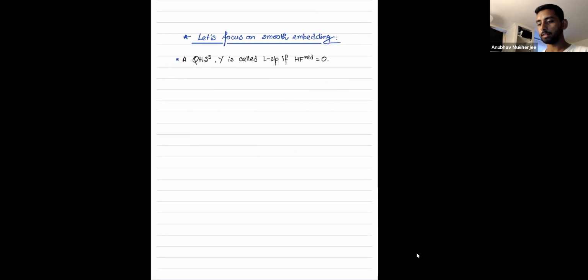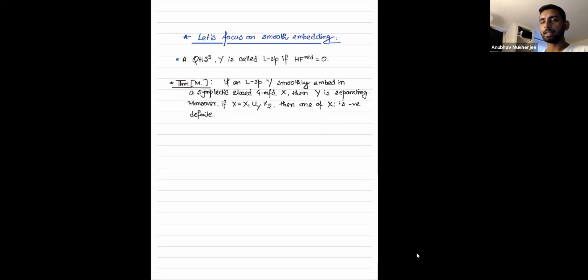Quickly recall that a rational homology sphere is called an L-space if the reduced Heegaard Floer homology is 0. That means the Heegaard Floer homology is just a tower. You can keep the example of S3 in mind. Here is an interesting result, which shows how smooth embedding behaves with the topology of the symplectic 4-manifold. This result says that if Y is an L-space which embeds in a symplectic 4-manifold X, then Y has to be separating.